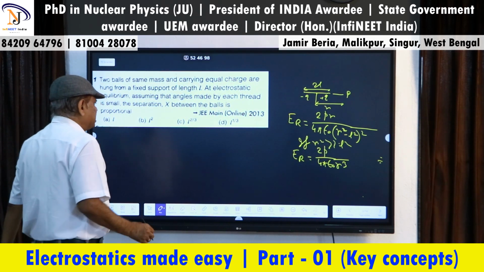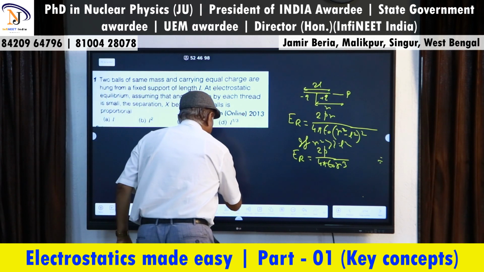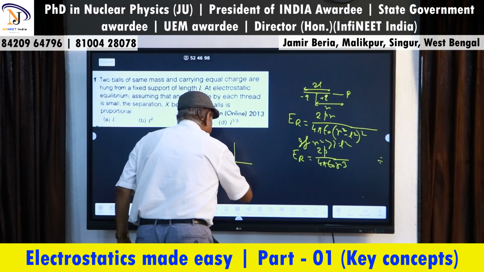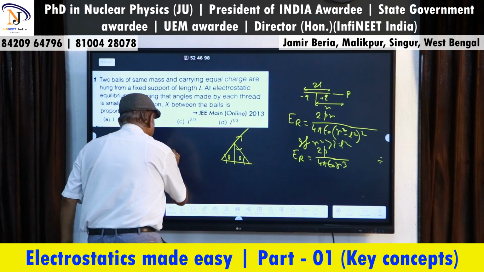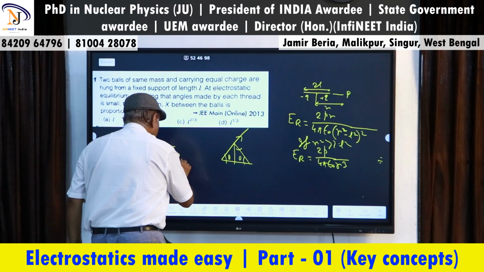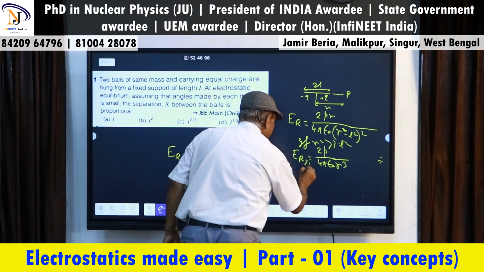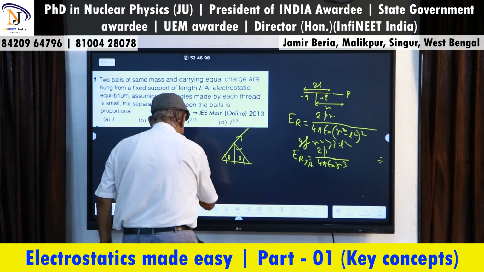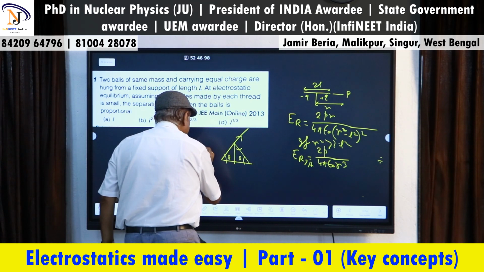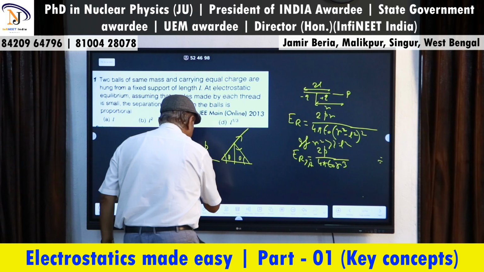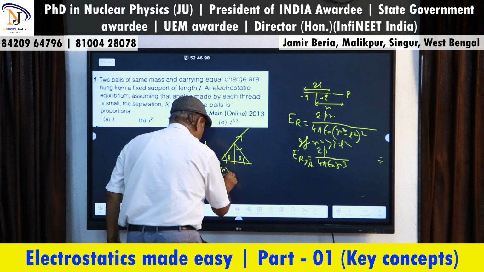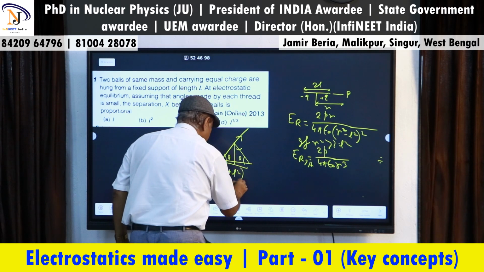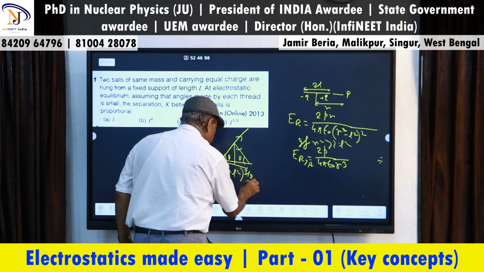Now the perpendicular bisector position. What will be the resultant? You can write E perpendicular bisector equals P by 4 pi epsilon naught, R square plus L square to the power 3 by 2.